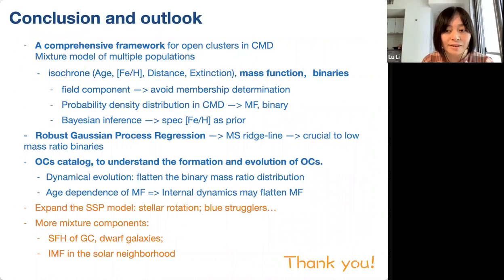All these measurements can be done under field contamination without membership determination. We also improved a Gaussian regression method to help us find the main sequence ridgeline, which is crucial to measure the low mass ratio binaries. Based on this strict statistical analysis and machine learning algorithm, I found significant evidence of cluster dynamical evolution.